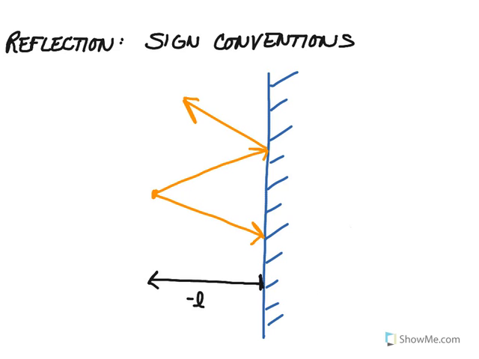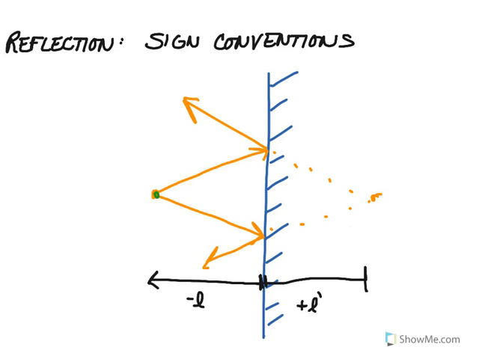And if a distance is measured from left to right, here from the surface to the image point, then that's going to be a positive direction.